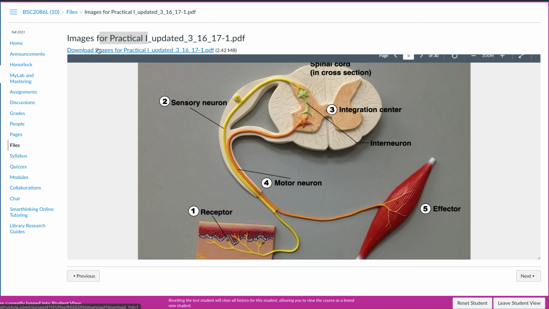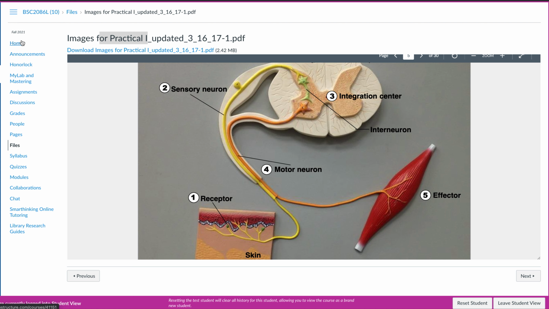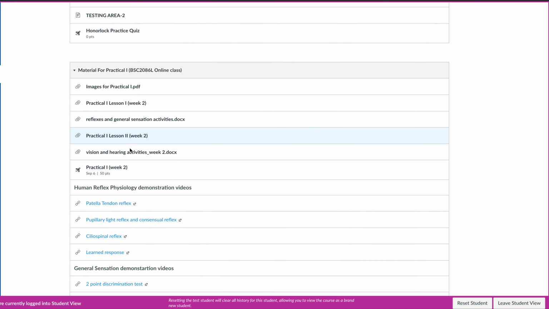A few diagrams might not be in this file, but I highly recommend you complete those lessons. As you complete the lessons, you're going to encounter other diagrams that you want to review through your lab manual. But the main bulk of the diagrams that you will encounter on the exam are here. The images for the practicals are the need-to-know sheets.